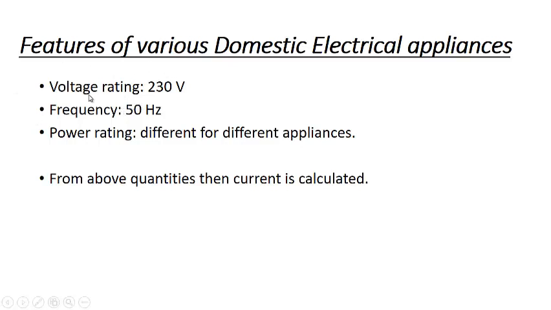That is the voltage, which is usually 230 volt, and some may have 220 volt, and the frequency, which will be 50 hertz. Power rating will depend upon the size of the motor, the size of the equipment, or the type of the equipment. From these three quantities, we usually use two, the current can be calculated, and based on this current we can select the wire, or we can select the different types of sockets.